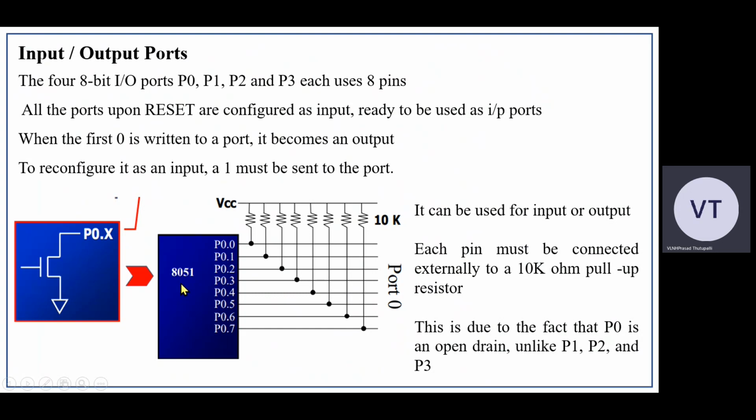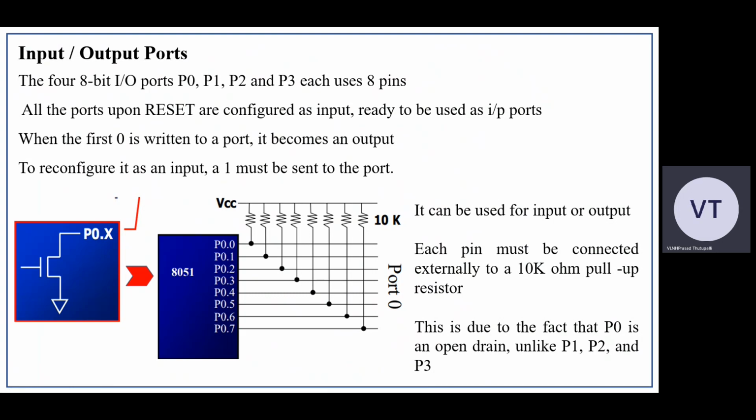As I told you, the microcontroller is manufactured using n-channel metal oxide field effect transistor. So this is the gate, and this is source, and this is the drain. So drain is open. So this is due to the fact that P0 is open drain. But for the remaining ports like P1, P2, and P3, they are not open drain.